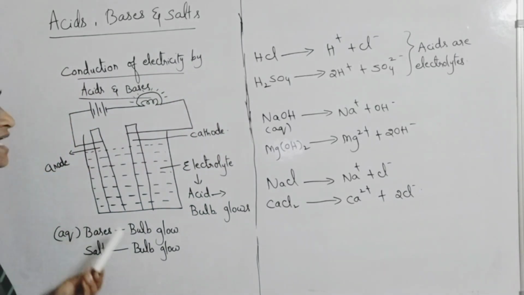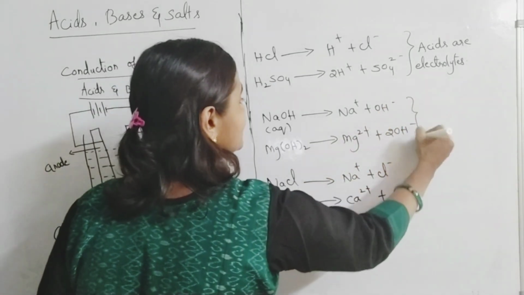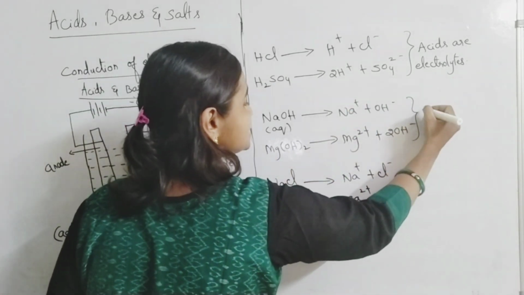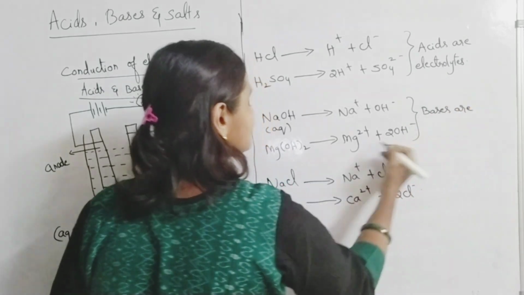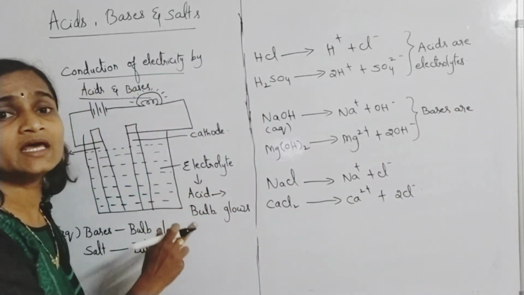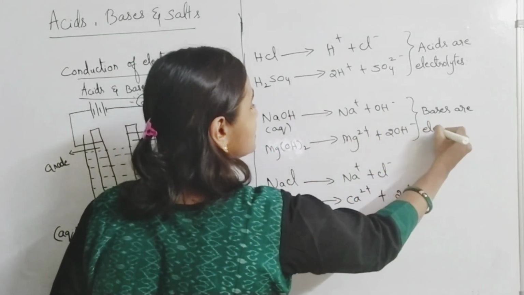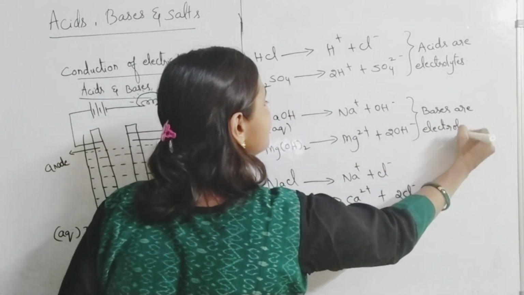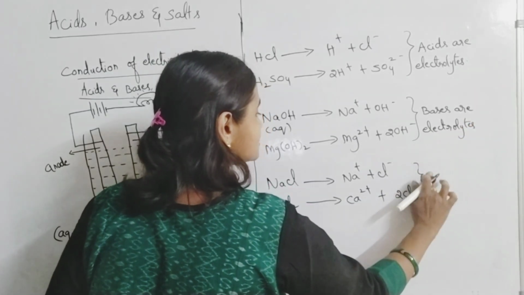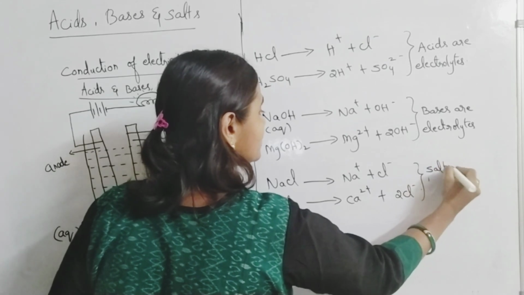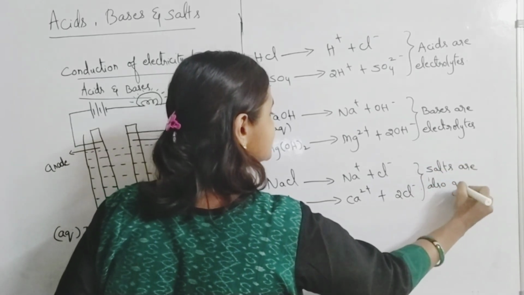On passing electricity, you observe whether the particular substance allows electricity to pass through or not, and accordingly decide whether the substance you have taken is an electrolyte or not. So bases are good electrolytes, and salts are also good electrolytes.